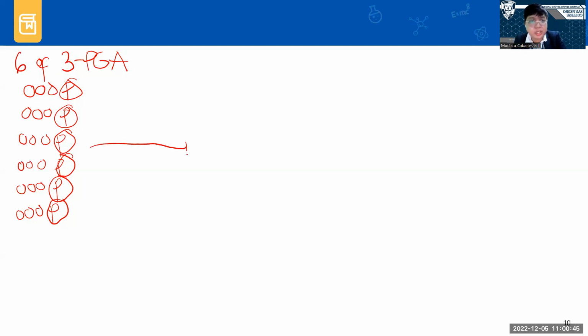Ilang molecules of ATP ba ang need natin for this process? 6 molecules of 3-PGA ang meron. So, we need to have 6 ATP.